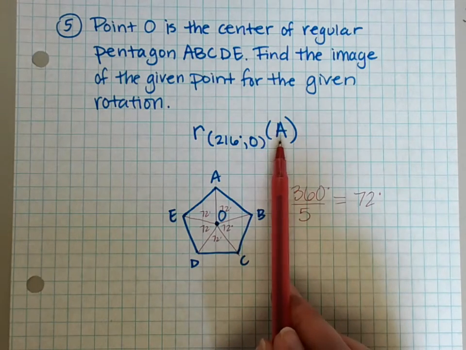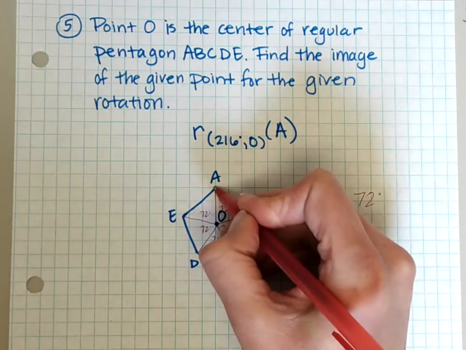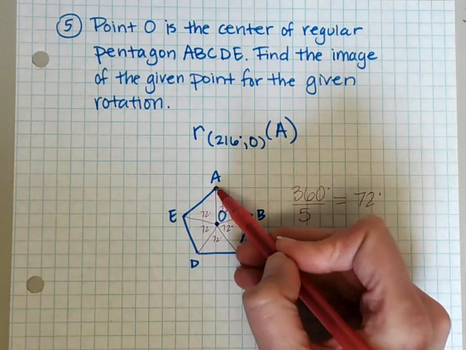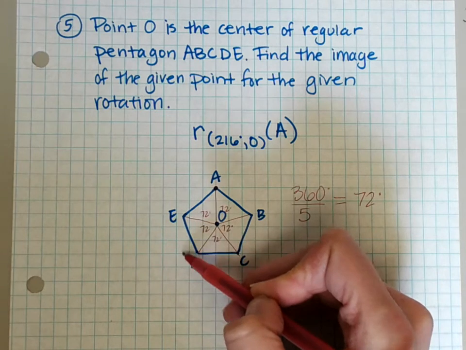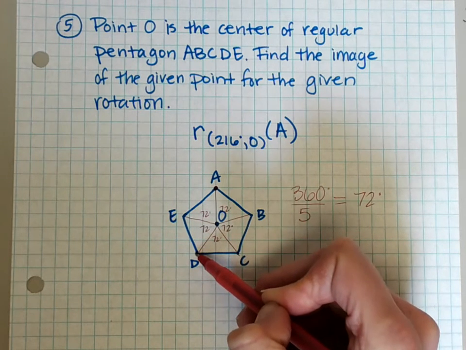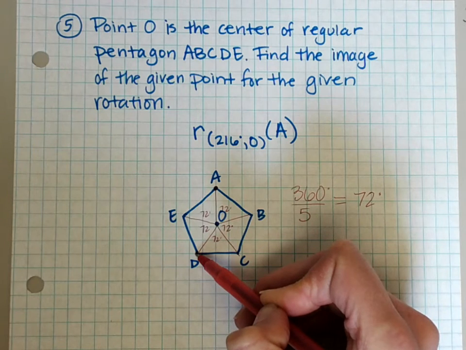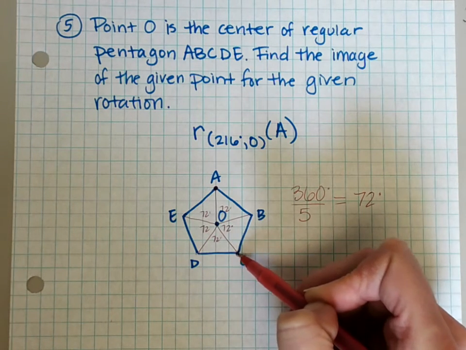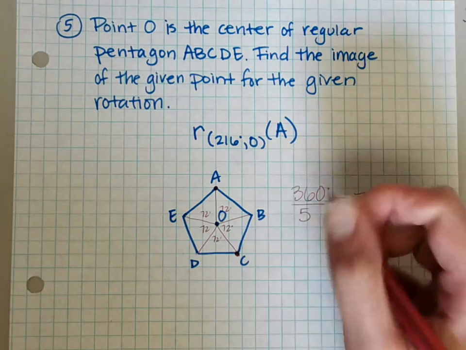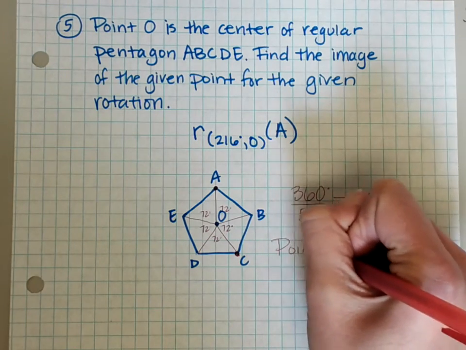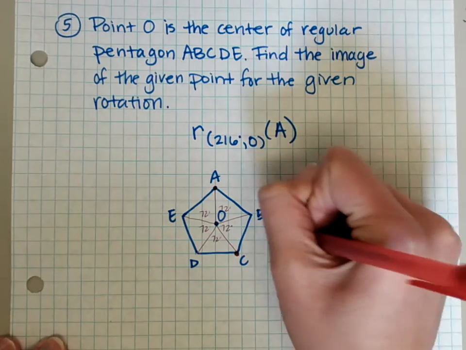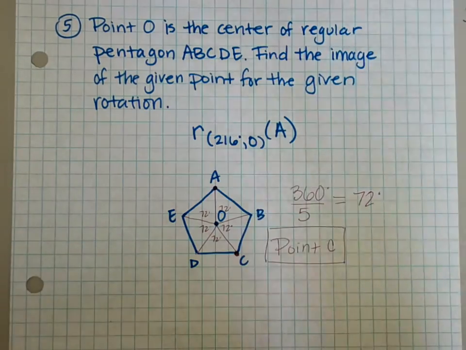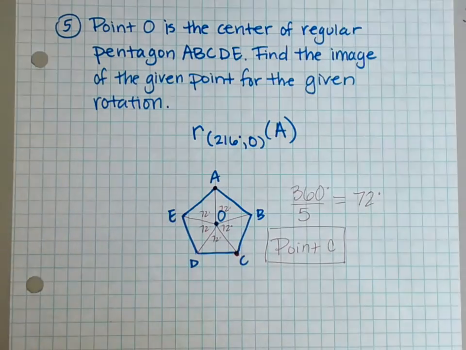We're going to rotate A. So I'm going to start at A. Remember, you go counterclockwise. If I go all the way to E, I've only rotated 72 degrees. If I continue on to D, I've rotated 144 degrees. If I rotate one more time, that's going to be 216 degrees. So point C is where I land if I rotate point A 216 degrees around the origin.